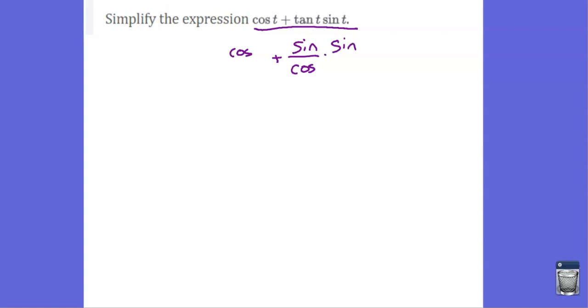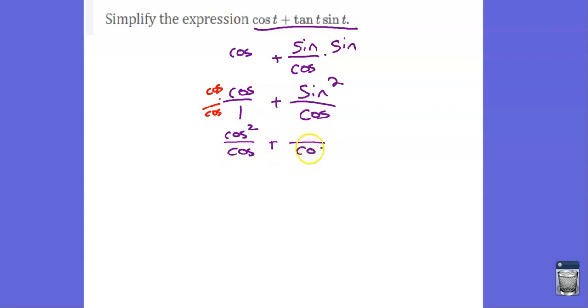All right, so notice this fraction can be simplified. If I take sine times sine, that's sine squared. Now, whenever you want to add two fractions, you have to get a common denominator. To get a common denominator, we're going to multiply by cosine over cosine. So this becomes cosine squared over cosine.